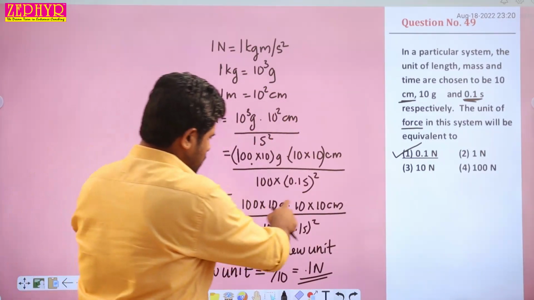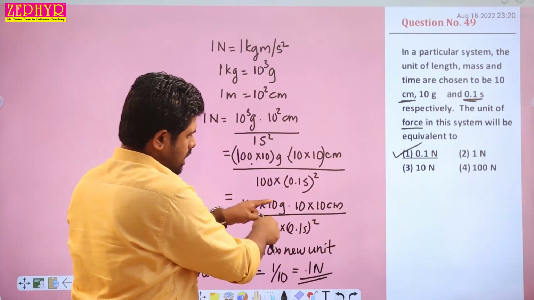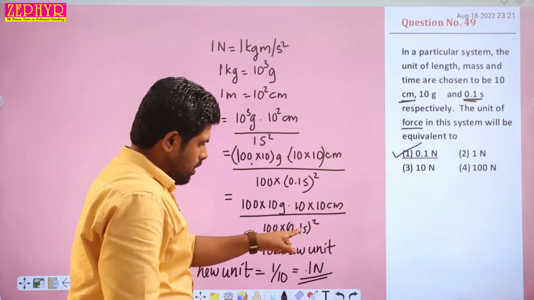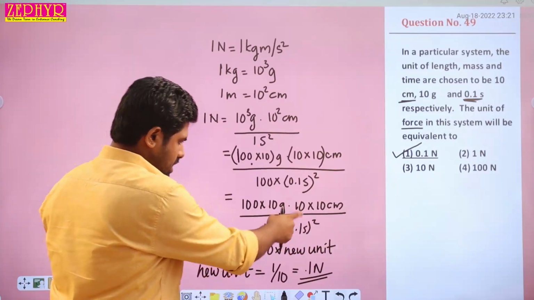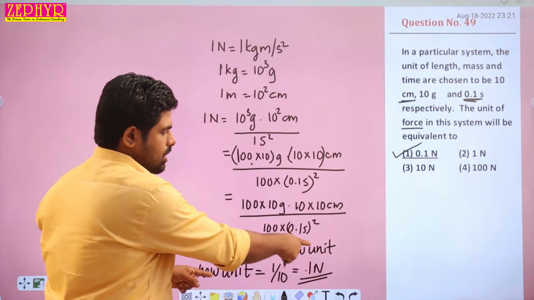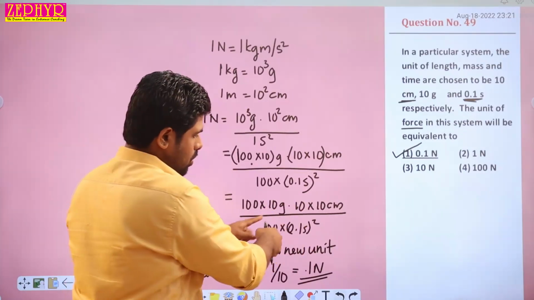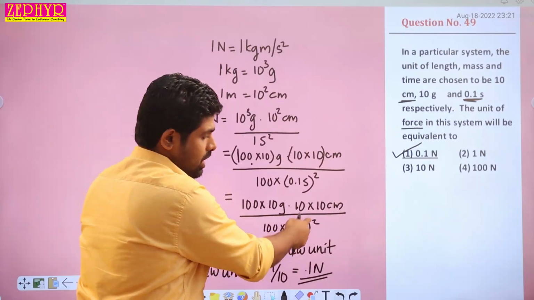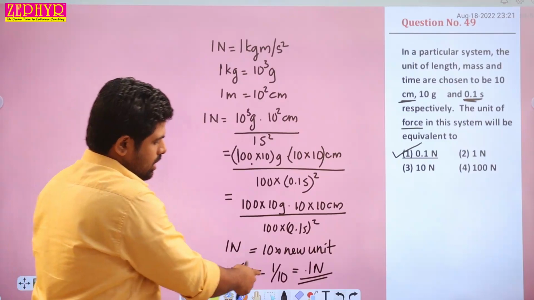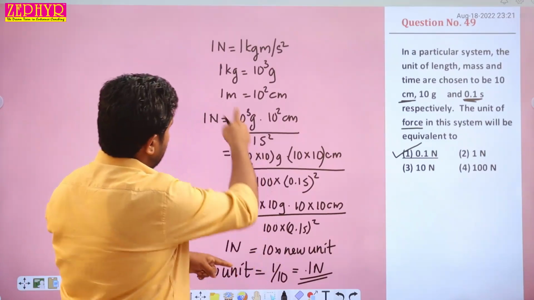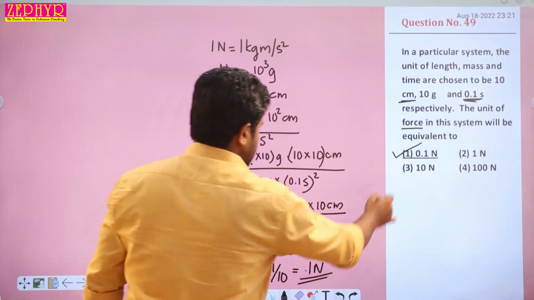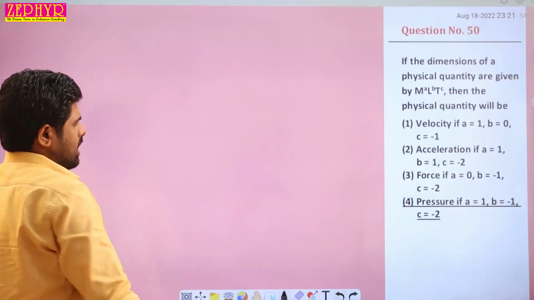You just calculate the value of 100 into 10 gram into 10 into 10 centimeter divided by 100 into 0.1 second all square; its value is 10. So 1 Newton is 10 new unit, and the new unit is in the order of 10 gram, 10 centimeter and 0.1 second square. The result is that the new unit is equivalent to 0.1 Newton, so option number 1 is the correct one.